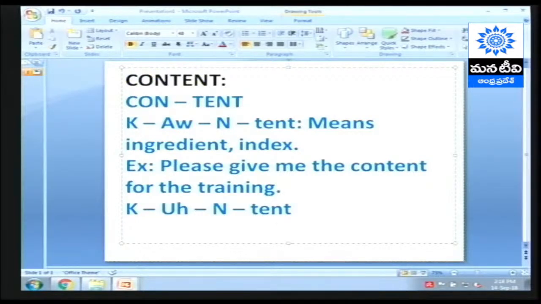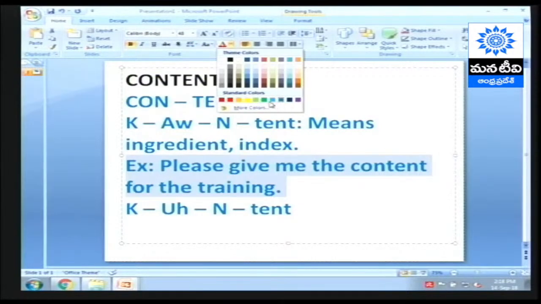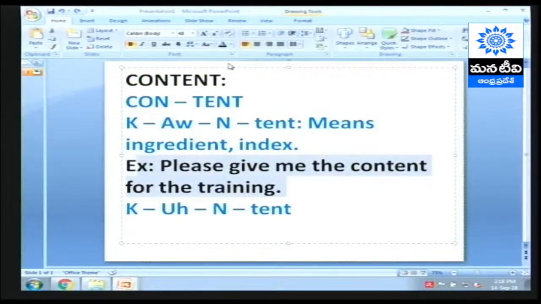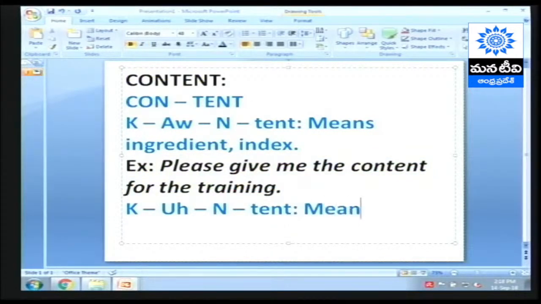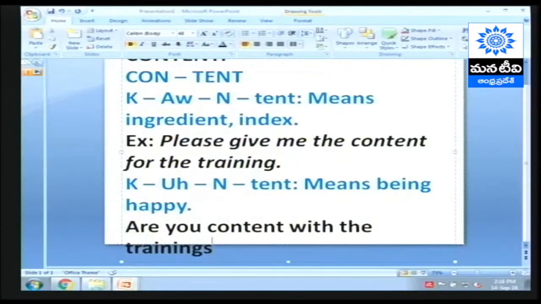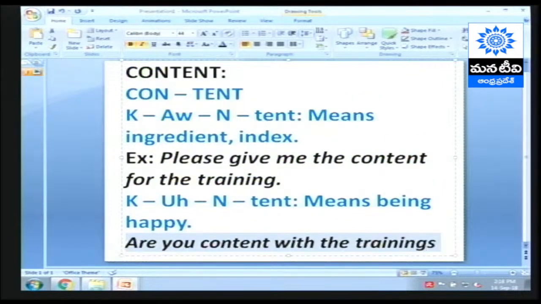Now, let me change the color here. Now, when I say conTENT, this means being happy. For example, are you content with the training? Okay. Now, that makes a big difference, right?